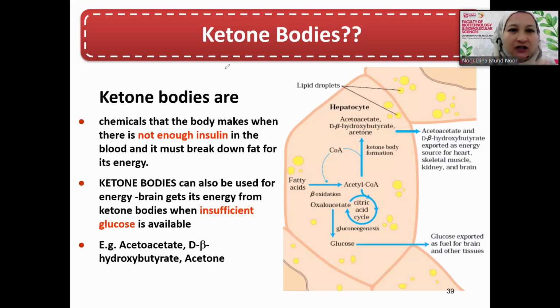So ketone bodies can be derived from the protein I mentioned earlier. Protein has a carbon skeleton, and this carbon skeleton can be degraded into glucose, CO2, H2O, and acetyl-CoA.